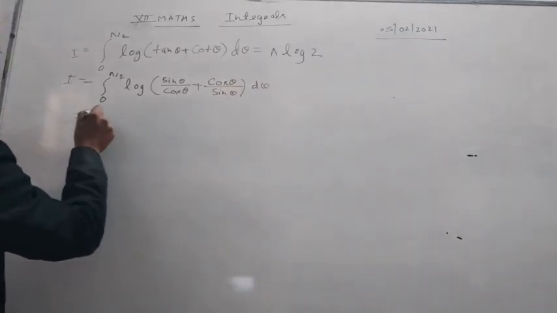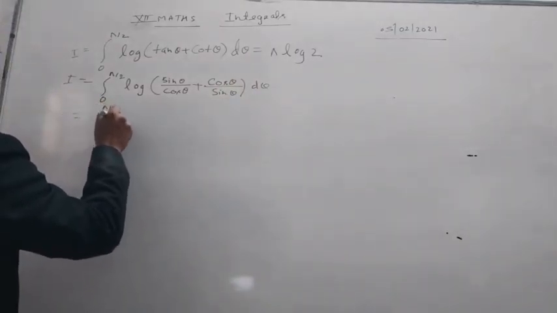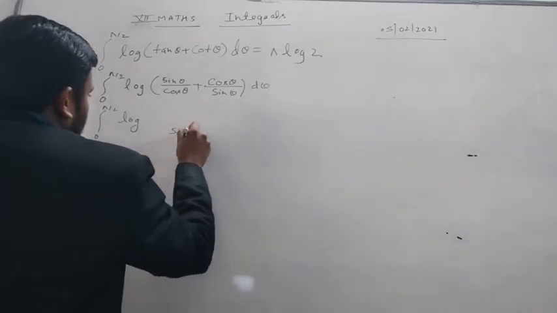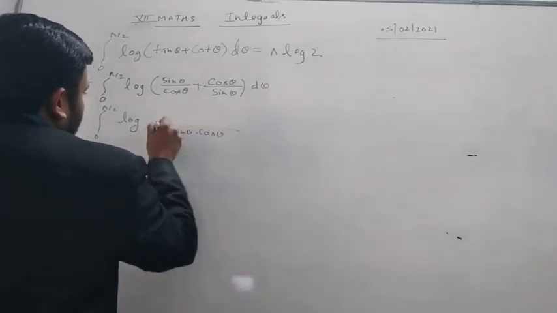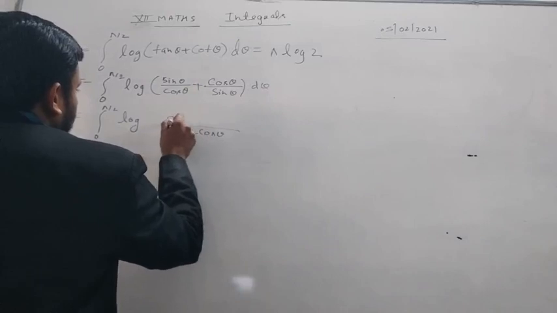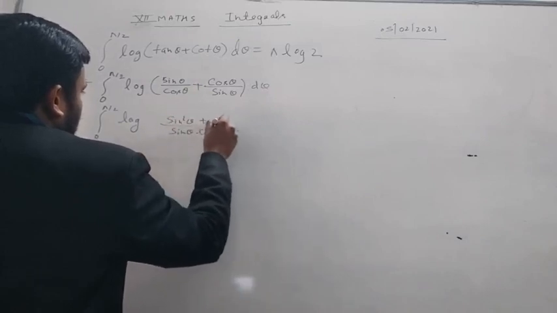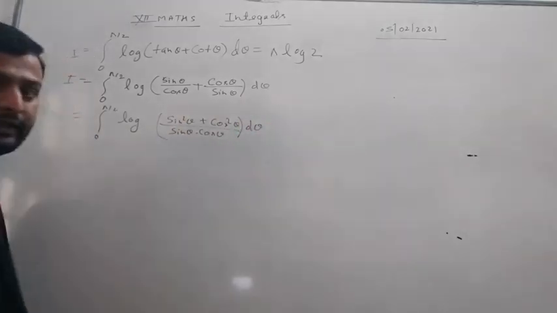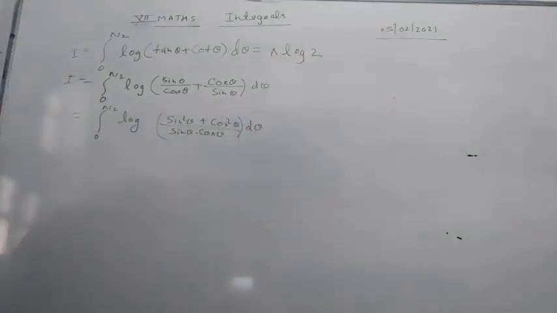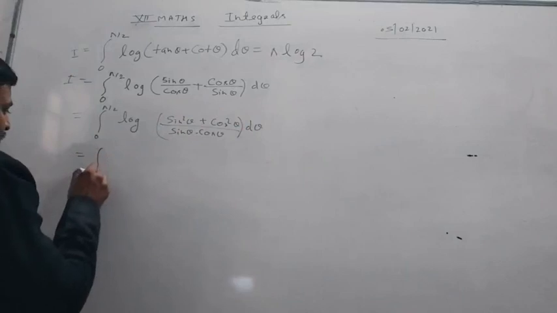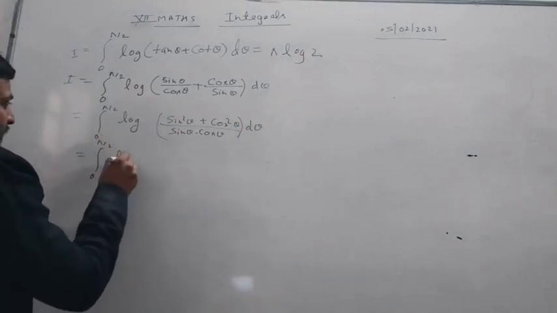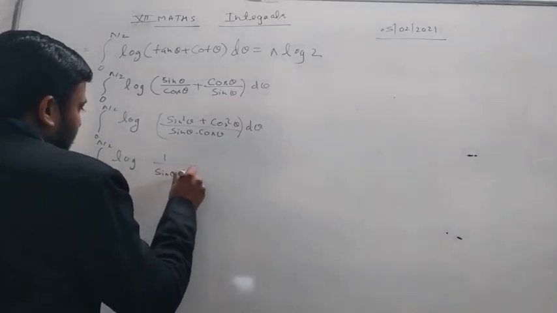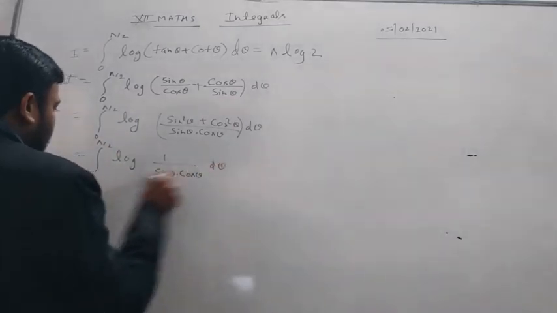Which friends, so 0 to pi by 2 log this sin theta cos theta and here sin square theta plus cos square theta, we can write it d theta. Okay, we can write this in this form. So 0 to pi by 2 log 1 by sin theta cos theta d theta.